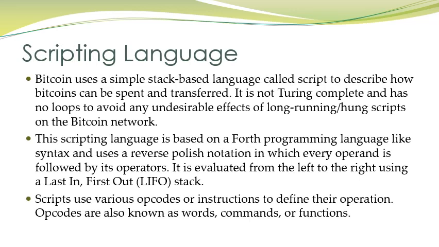Bitcoin uses a simple stack-based language called script to describe how the transactions can be spent and transferred. On the user's wallet, we need some language, and by using that scripting language, transactions can be created and different operations on the Bitcoin network can be performed.